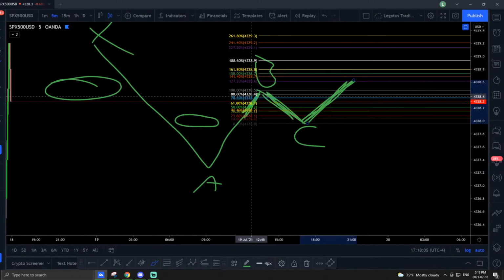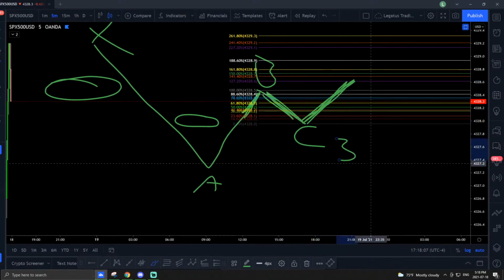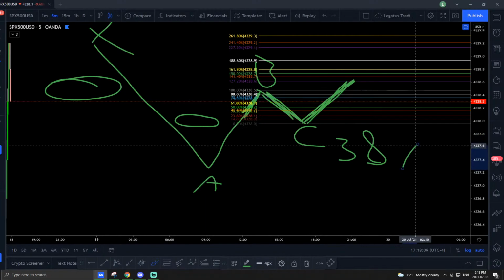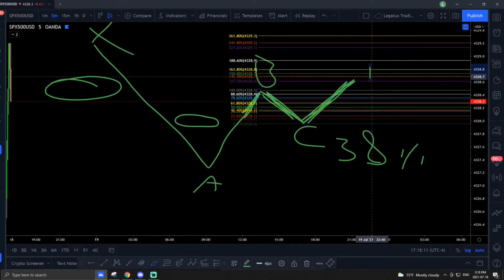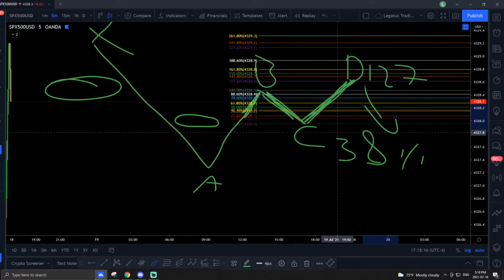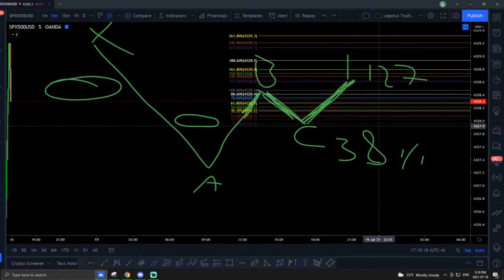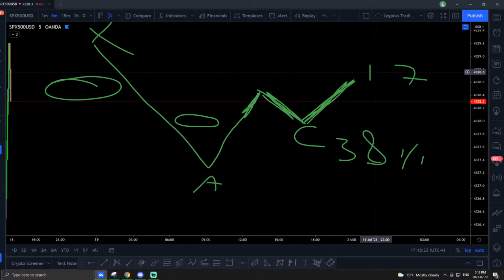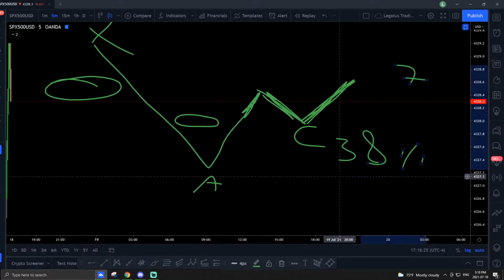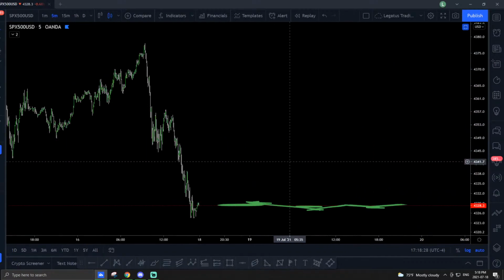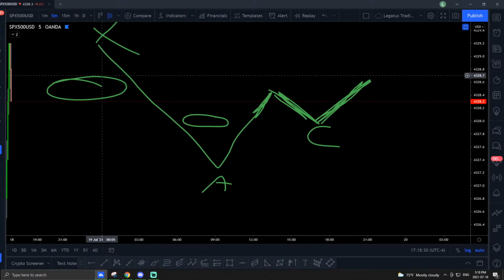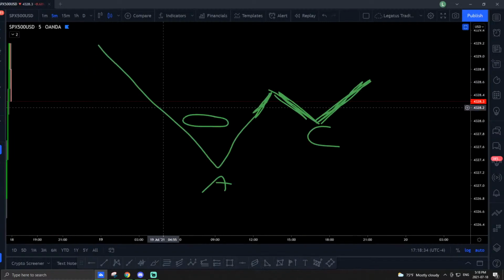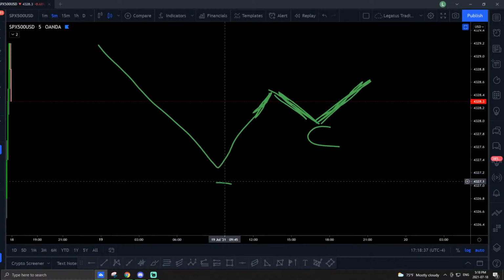Because it was a 38% retracement at the C leg here, we're looking for a 1.27 to finish our D leg, and then a complete trend reversal. So essentially, our pattern would be left looking like this. And that is the rough idea of this pattern and how it would form.